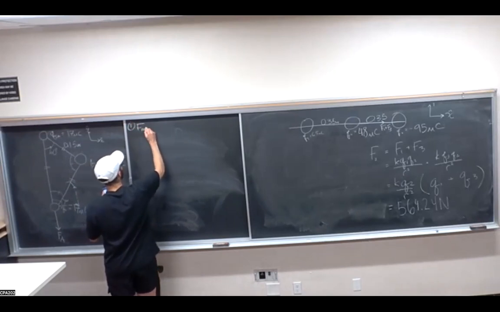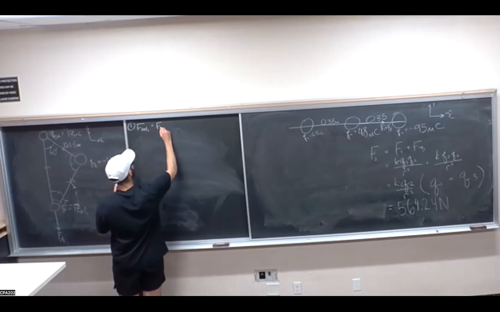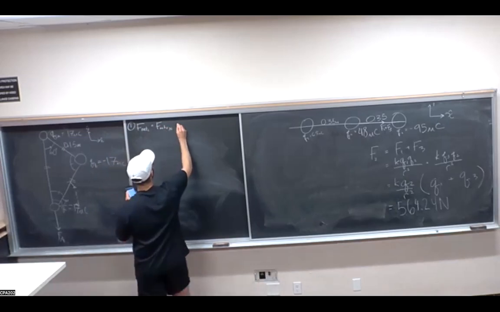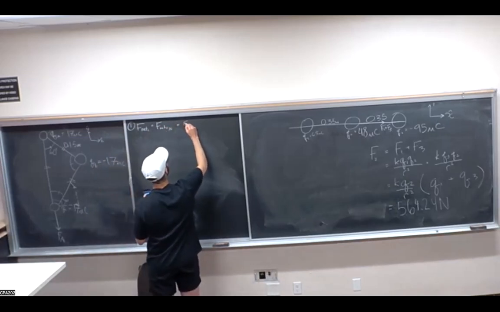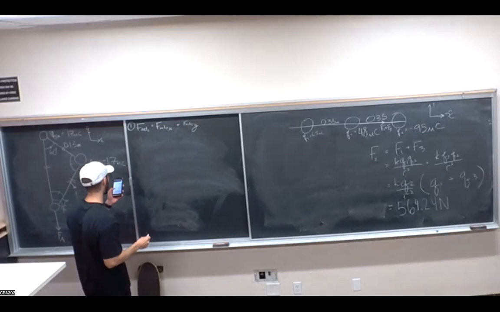So we're going to say F net C equals F net CX plus F net CY. Okay, so that's kind of a quick setup of Pythagoras there.